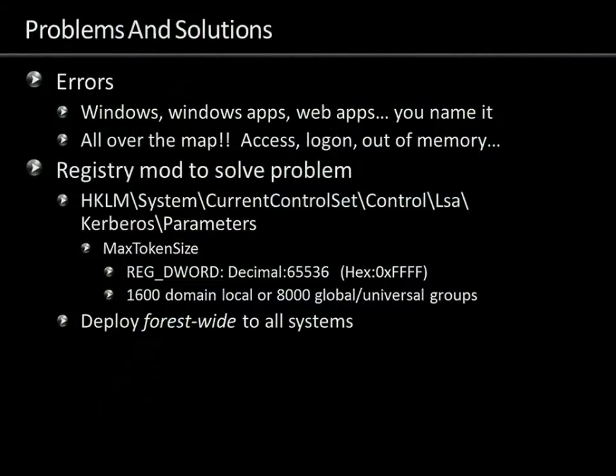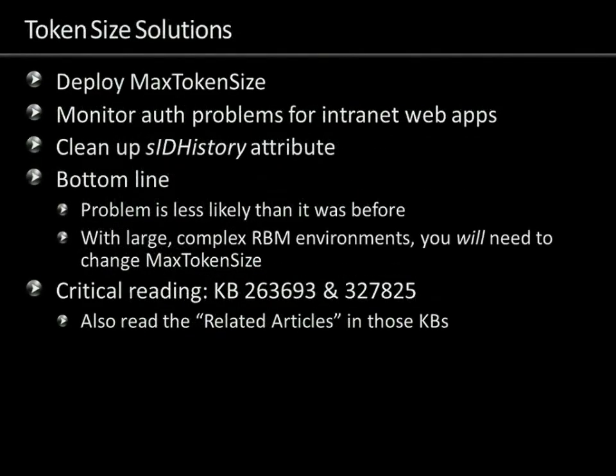Instead, be aware of the potential problems, set the token size to a value that you believe is enough, and the math is on the previous slide. And then if you start thinking that you're going to run into problems, expand it a little bit more. But I don't think it's particularly helpful to just expand it all the way immediately in your environment.